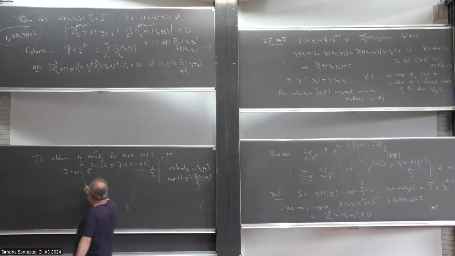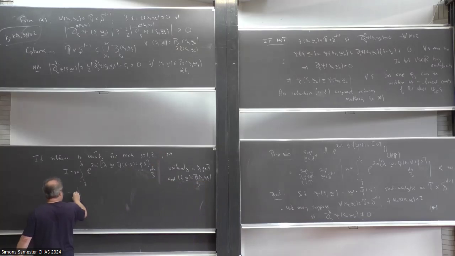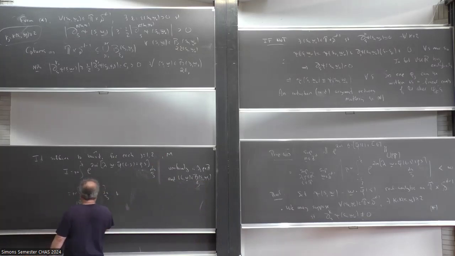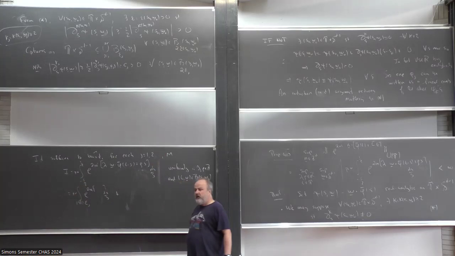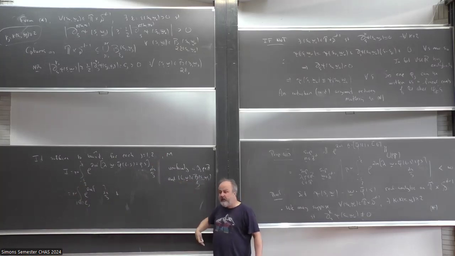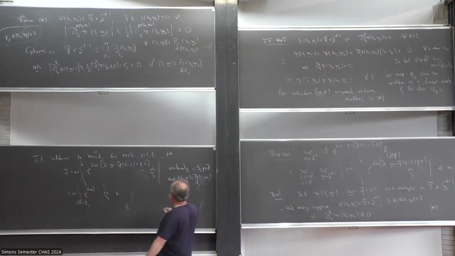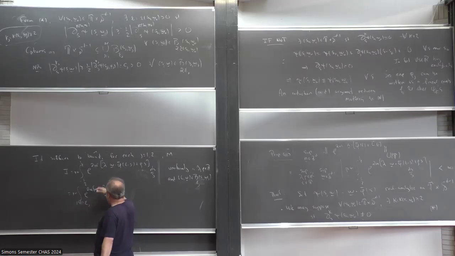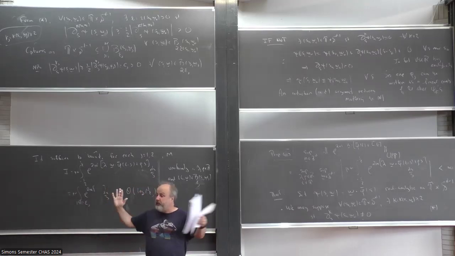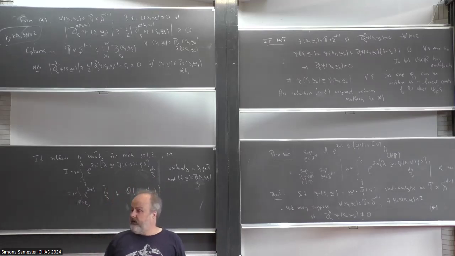If I just truncate, I write this as the principal value integral of s going up to epsilon j, e to the 2 pi i, blah, blah, blah. And then I have the part of the integral from epsilon j to 1. If I integrate 1 over s from epsilon j up to 1, I get a bound of log of 1 over epsilon j, uniform. The principal value kills everything. Okay, epsilon j is fine.